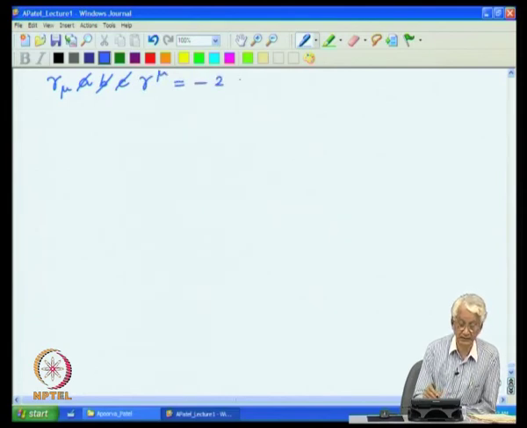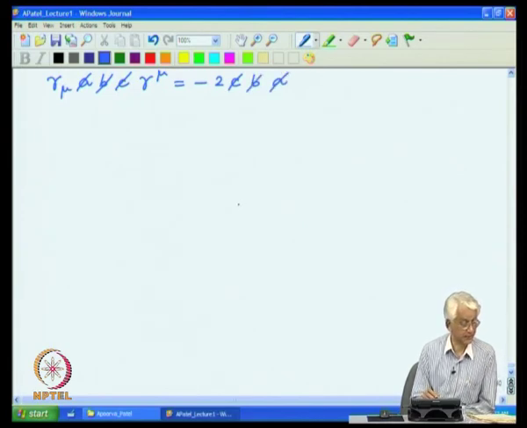The result is minus 2, but then this product appears in opposite sequence.